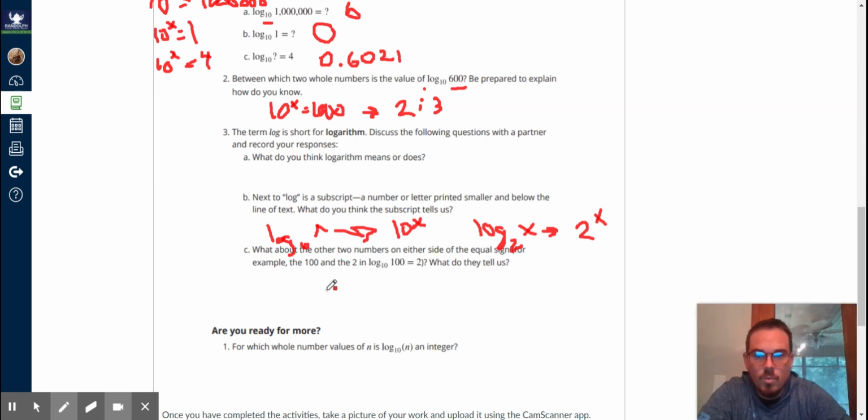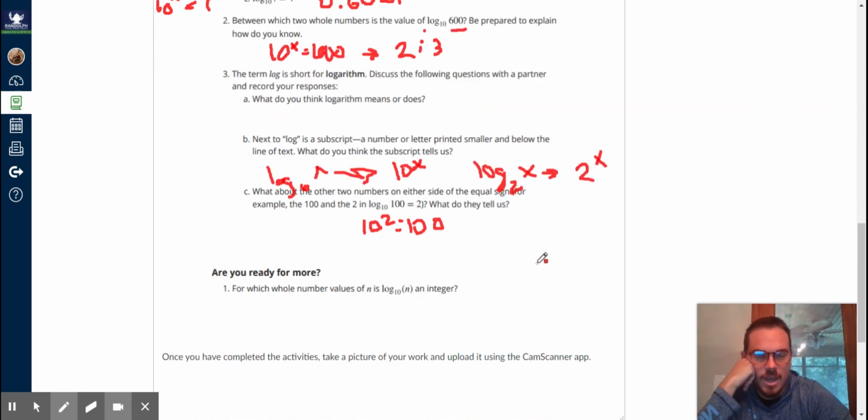Now the next thing says, what about the other two numbers on either side of the equal sign? For example, the 100 and the 2 in log 10 of 100 equals 2. Well, this actually tells me that 10 to the 2 equals 100. So we have a nice little cool thing here called around the world. If I take the 10 and I draw an arrow around, so we're going to say 10 is the new base, 2 is the new power, and it equals 100.